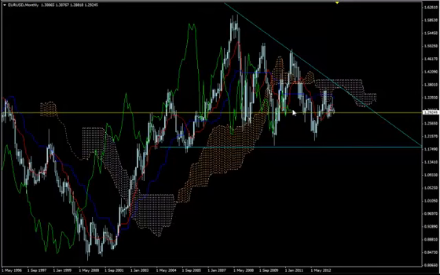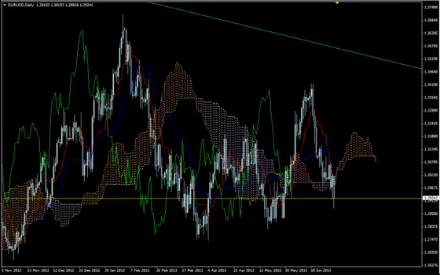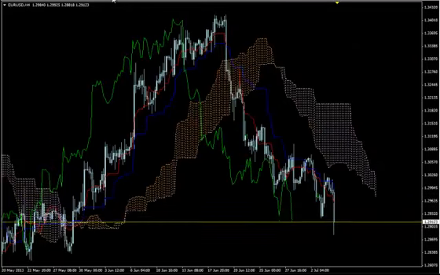At the same time, we see the Chikou span, the green line, is below the Kumo, below past price action, and turned downwards on the monthly chart. Biases are bearish here. But this is going to be a very, very strong game, and we will see. So, for now, we have a bearish Kumo breakout on the daily chart.